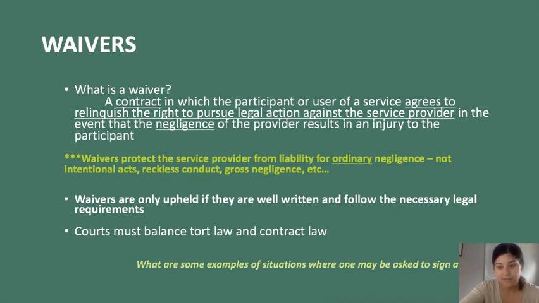But on the other hand, it's up to the court to make sure they are enforcing contract law. So you can imagine that waivers create kind of a tough situation for a lot of courts because, on one hand, they do want to make sure they are putting plaintiffs back into the place they were prior to some kind of wrong that occurred to them, but they're also there to enforce a contract that exists. So it can be kind of a tricky situation for the court when they're determining whether or not to uphold a waiver as a defense.